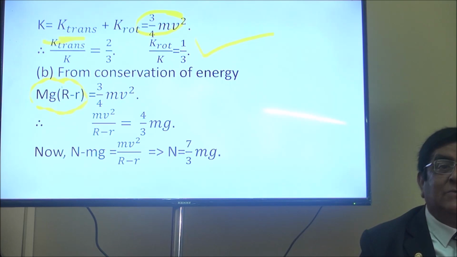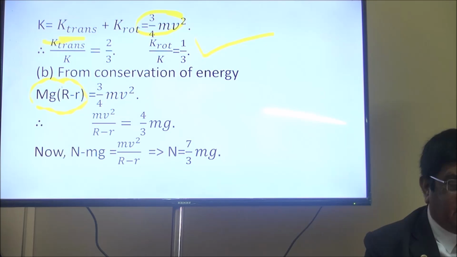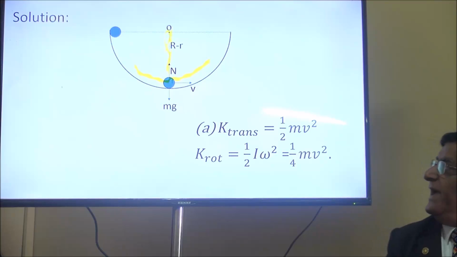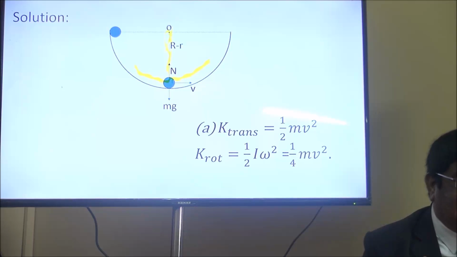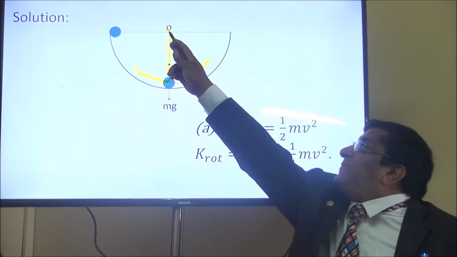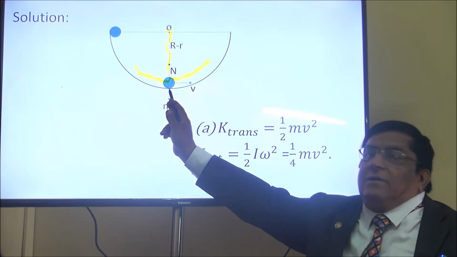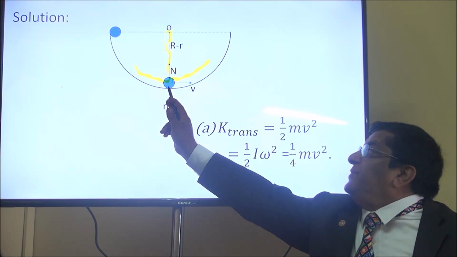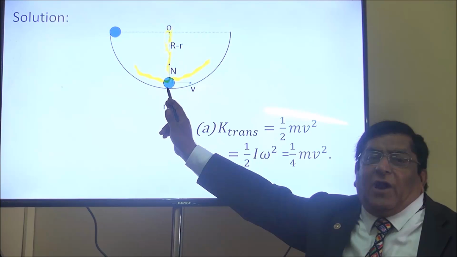R minus small r, why should it be 2? Yes, the total height up to the bottom. How much is it from this point to this point? Capital R. And only this much is to be reduced. That is small r.